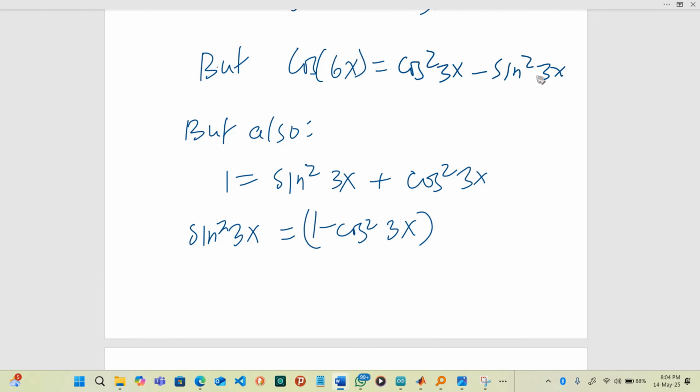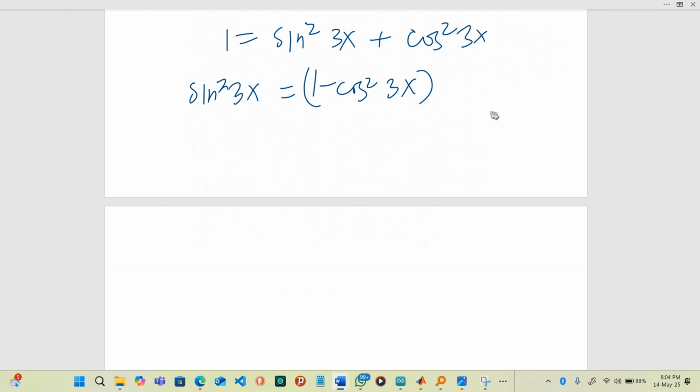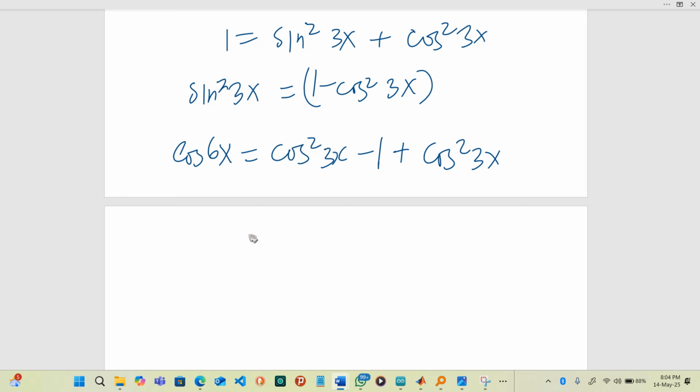I can bring it up here, and then we will see that cos 6x will give us cos squared 3x minus, this is going to be a bracket, then 1 minus cos squared 3x. So if we subtract this component, it will be minus 1, then plus cos squared 3x. So this becomes 2 cos squared 3x minus 1 is equal to cos 6x.